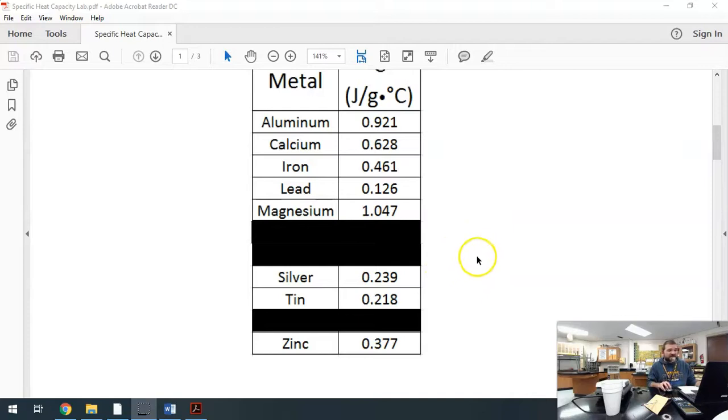The one thing is C and D are really close together in terms of their specific heat capacity. The good news is C is higher than D, and that's also true on the actual chart. So C should have a higher specific heat capacity than D. They're literally separated by like 1,000 when you crunch all the numbers. But C should be a higher specific heat capacity than D, and pick the one that's closest.